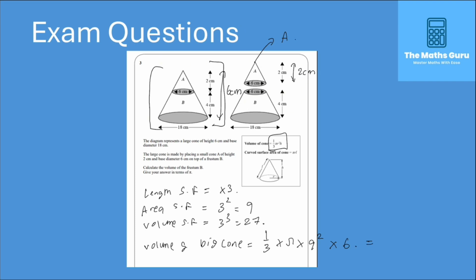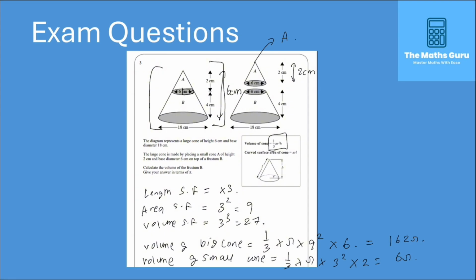So this is going to give us 162 pi. Now working out the volume of our small cone, we have 1/3 times pi times our 3 squared, so the radius of this part here, 3 squared, times our height of 2, which gives us 6 pi.